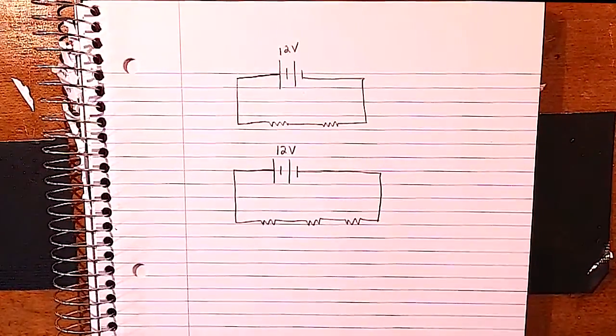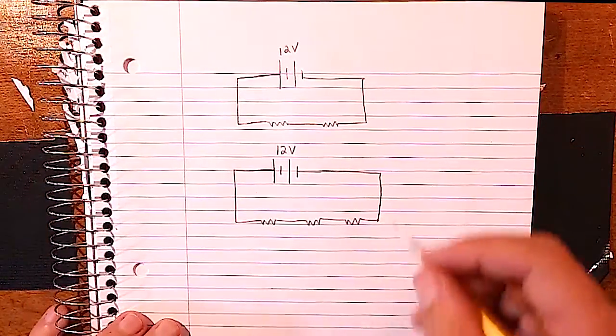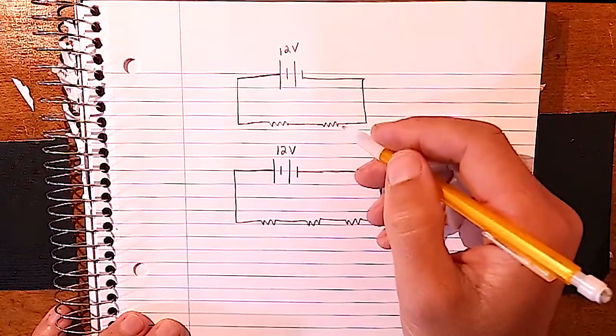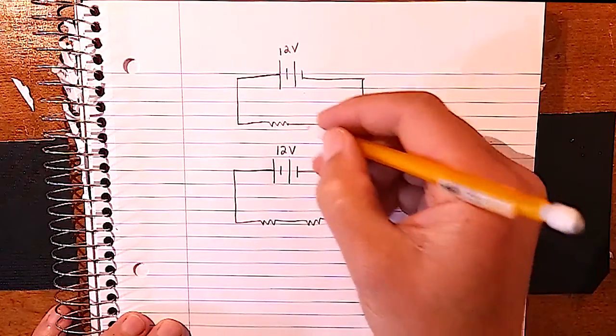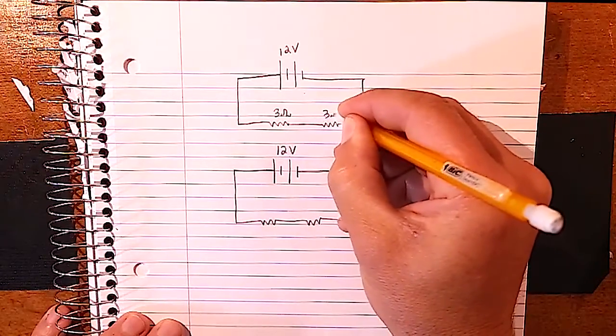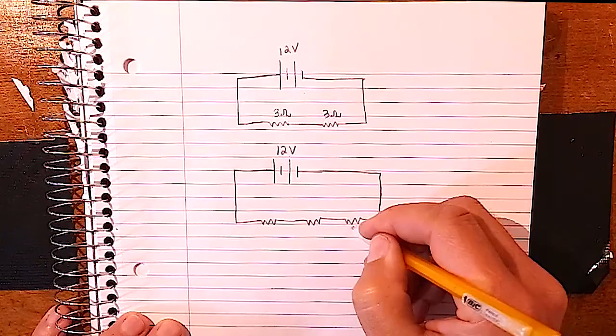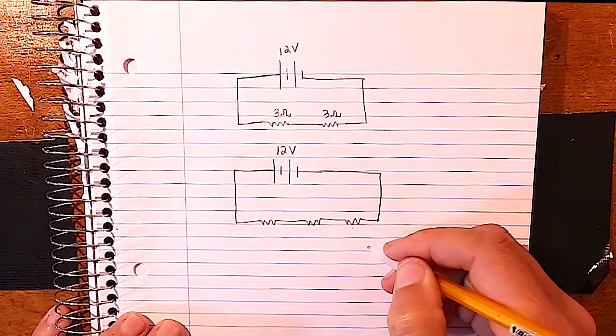Let's look at changing the number of resistors in a circuit. So we're going to deal with series circuits still. And let's say we have a 12 volt battery and we have 2 resistors, and each of those resistors are 3 ohms. And then what we're going to do is we're going to add a resistor, and we're going to see what happens to that resistance.